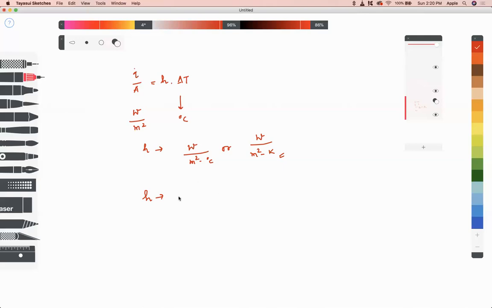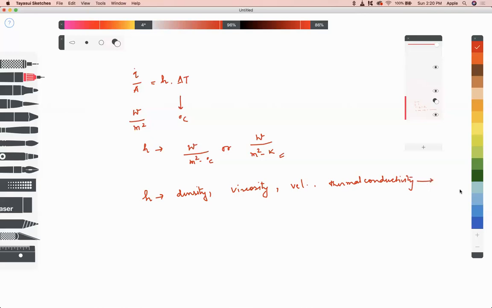So you will be dealing with the density of the fluid, then viscosity of the fluid, all right, then velocity of flow, thermal conductivity of the fluid, all right, and so on.